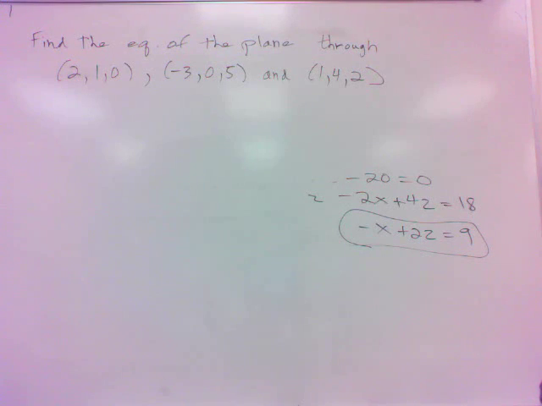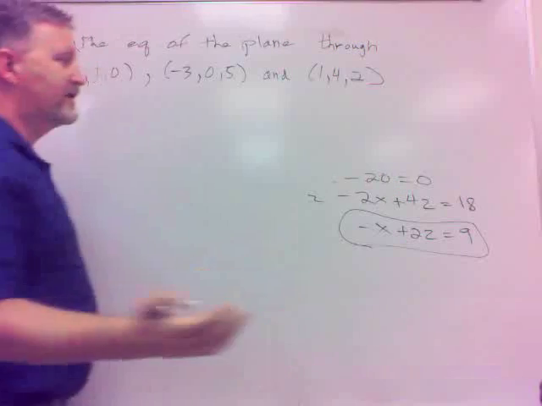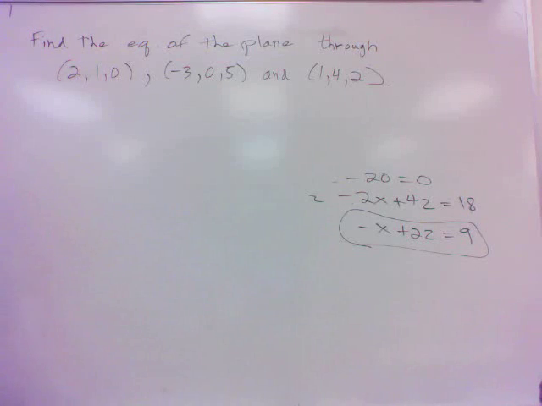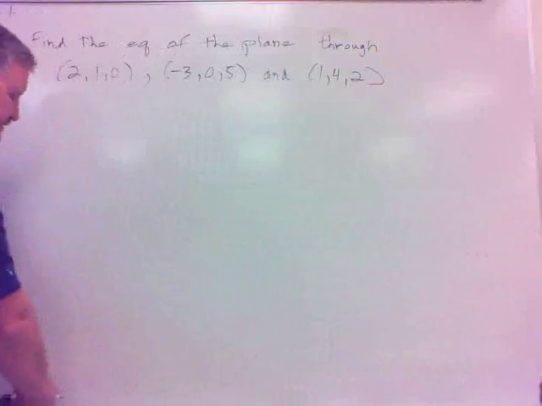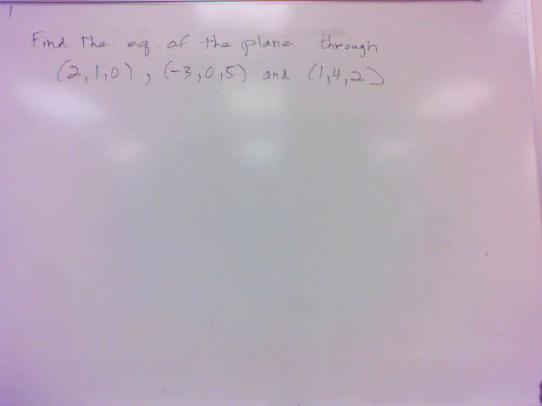That determines the plane. But the thing is, the way we describe this equation, you need a point, but you also need the normal vector, the vector perpendicular to that plane. So how are we going to do this?